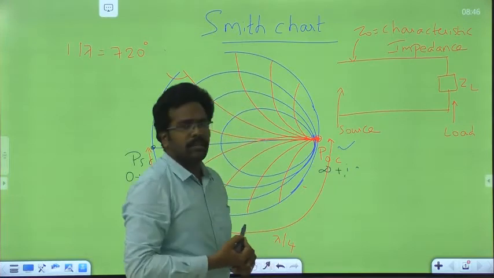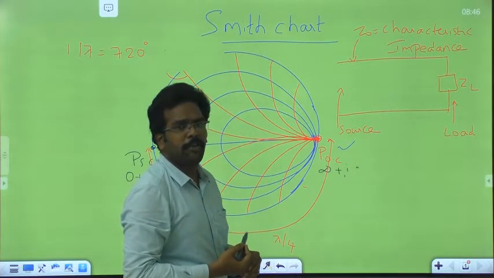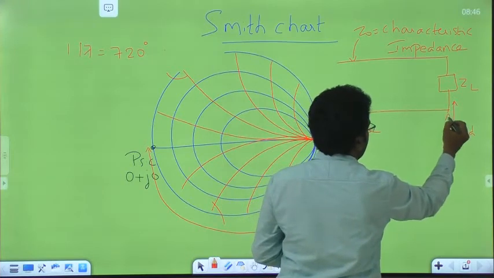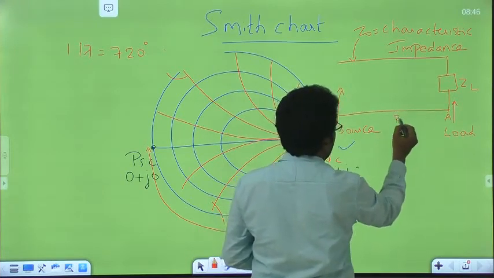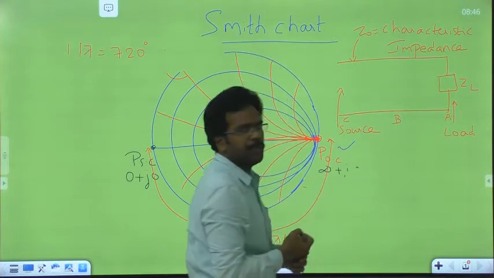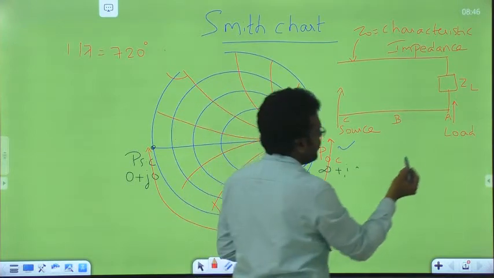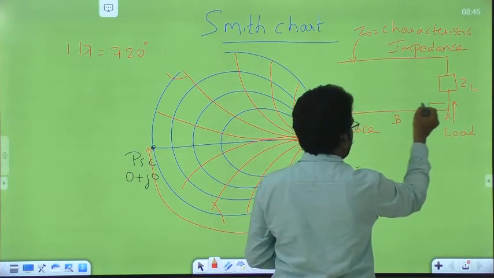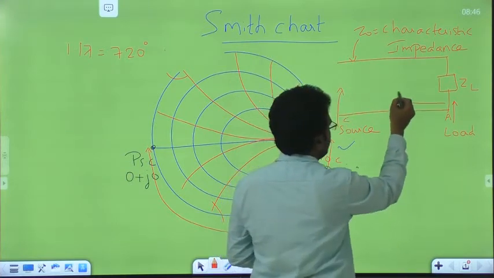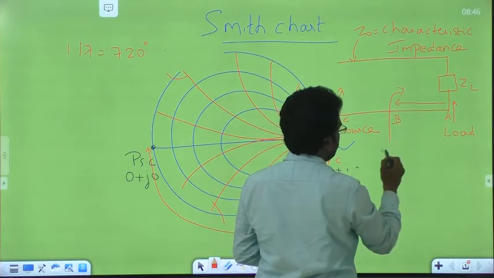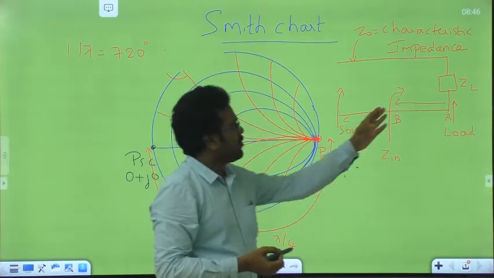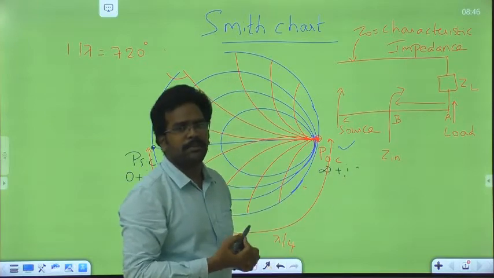Okay, so here the next point: from this point let us take some point A, some point B, and some point C. For example, if I am moving from point A to point B, what is my input impedance? Because we know that if we move on the transmission line, the input impedance varies.